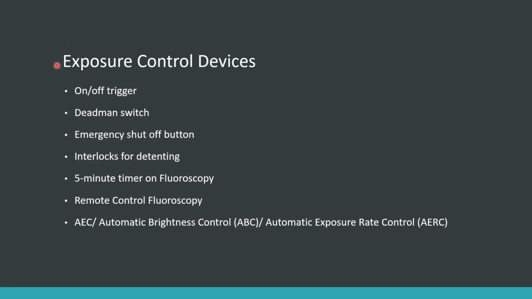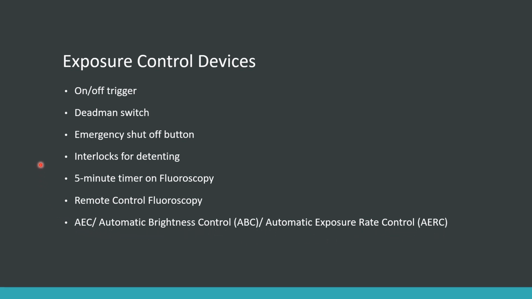This is our last slide. Exposure controlled devices: on-off trigger, dead man switch, emergency shut-off buttons, interlocks for detenting, 5-minute timer on fluoro, remote control fluoroscopy, and AEC, automatic brightness control, ABC, and automatic exposure rate control are all the same things.